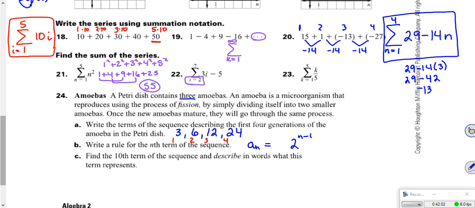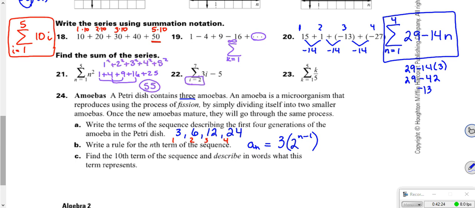Okay, 2 to the n minus 1 means my first term would be, well, first term, 1 minus 1 would be 0. 2 to the 0 power is a positive 1. So then a 1 times 3 maybe? So maybe this times 3, does that work?